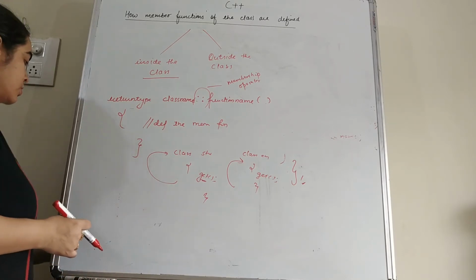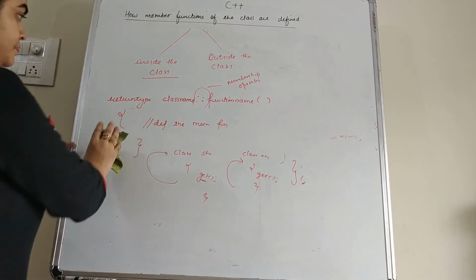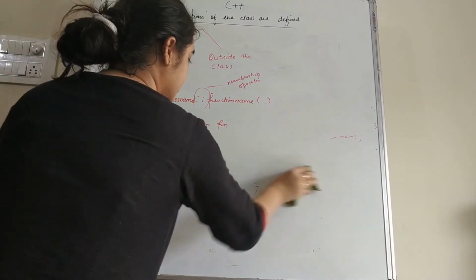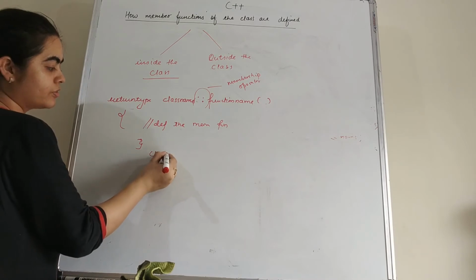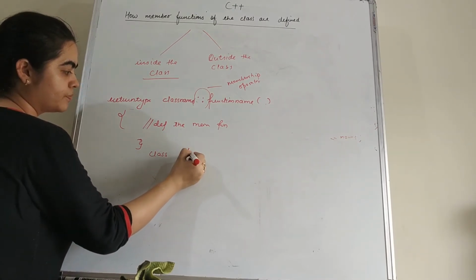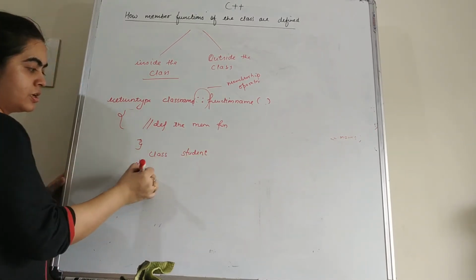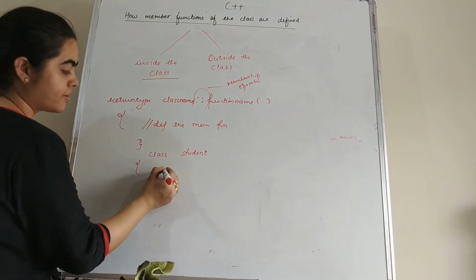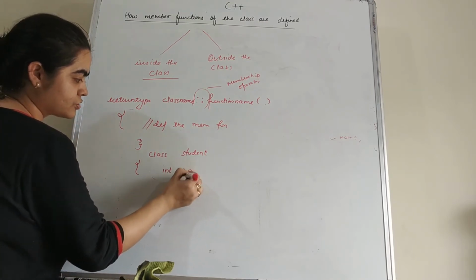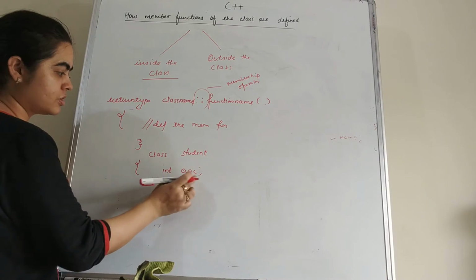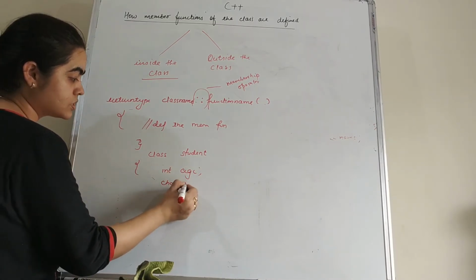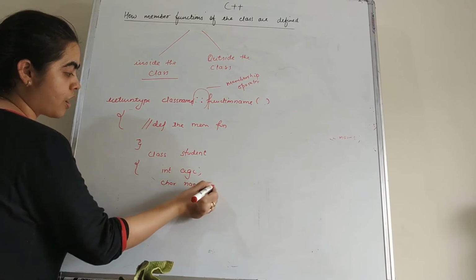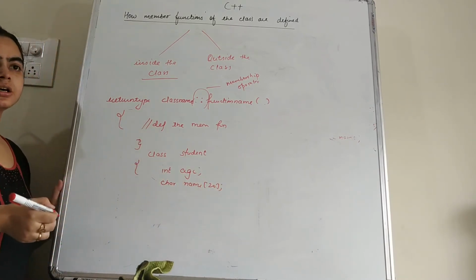Now students, for this we have to see an example. Again, suppose we have a class and the name of the class is student, and after writing the name of the class, now we have to define the data. So first data is age, second data is suppose name. Okay students, after this we have to declare the functions.